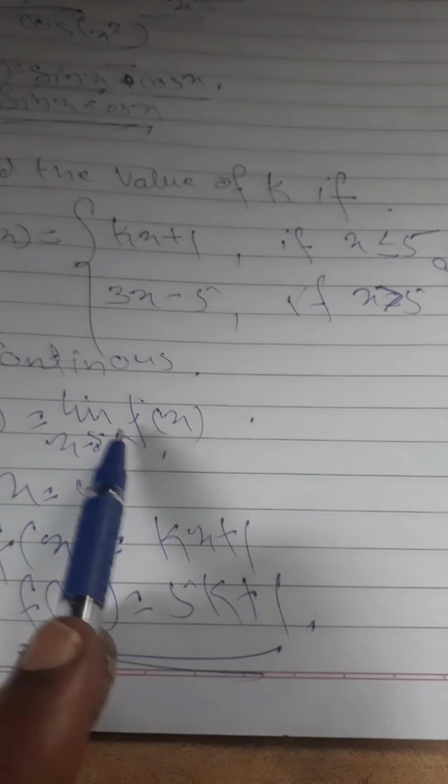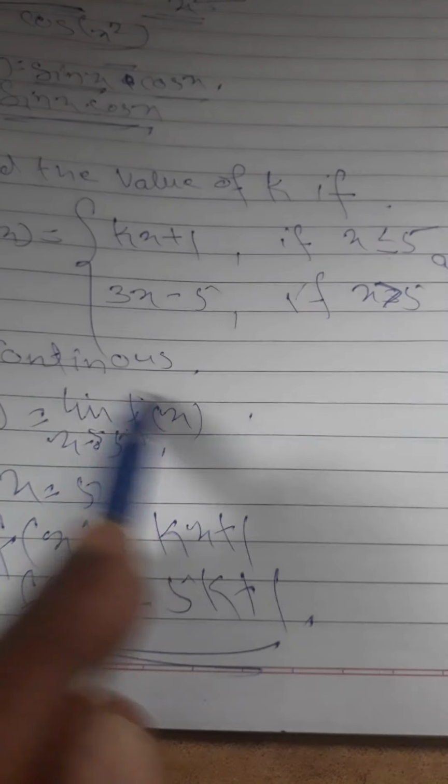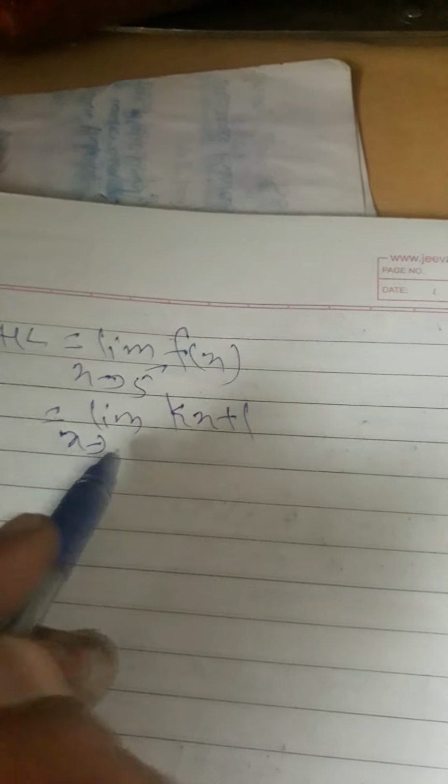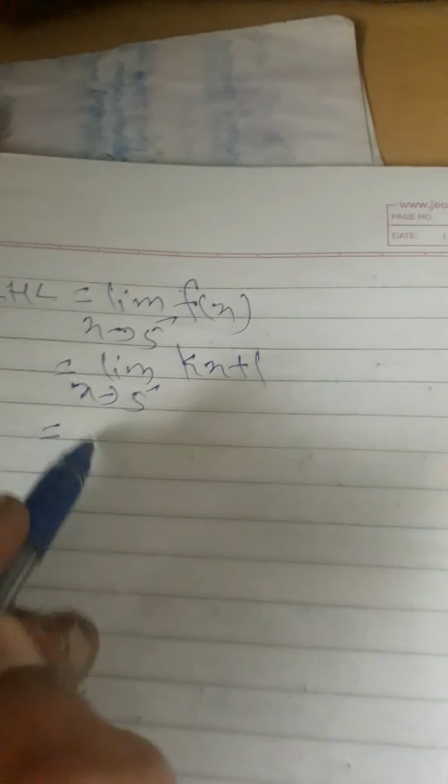Now since it has already been given that it is a continuous function, this limit is going to hold good. So here I will take either the LHL or RHL. So I will consider LHL. LHL is equal to the limit of f of x as x tends to 5 minus, which is equal to the limit of kx plus 1, since for x less than 5 the function is defined by kx plus 1. So this will be the limit of k into 5 minus h plus 1 as h tends to 0.